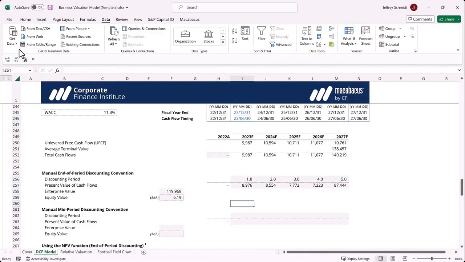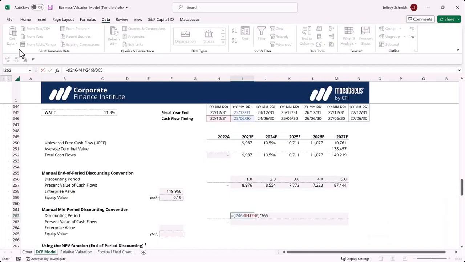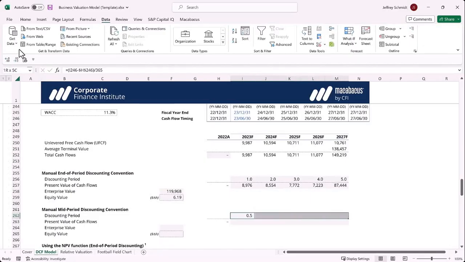We can do some similar math to what we did in the previous example. We take one date, subtract a previous date, divide by 365, and this will be 0.5. And we'll copy that out.